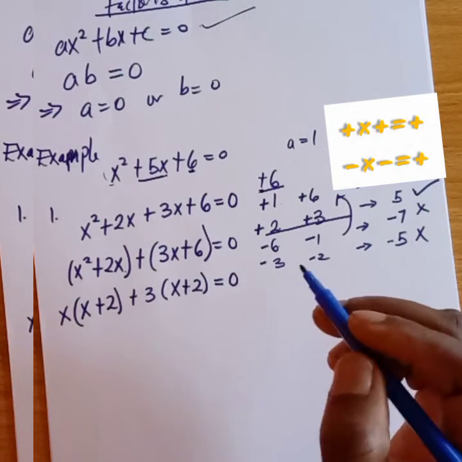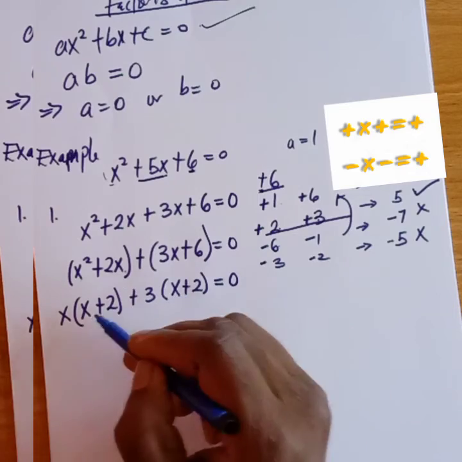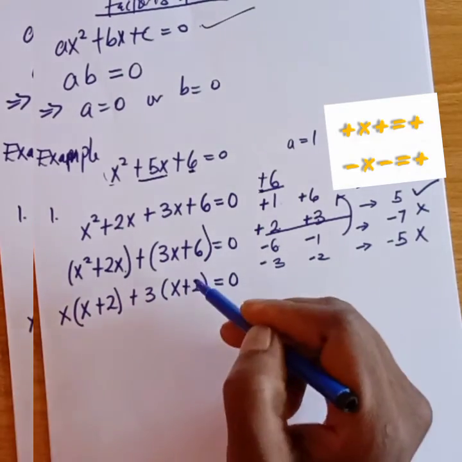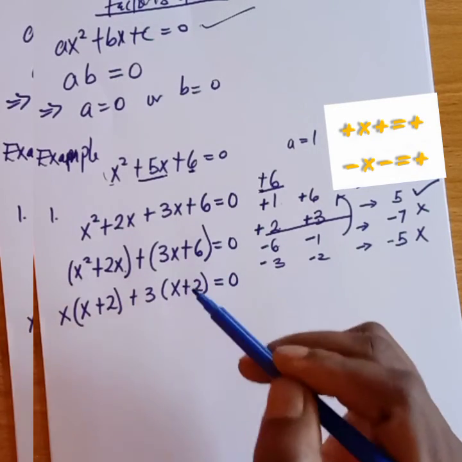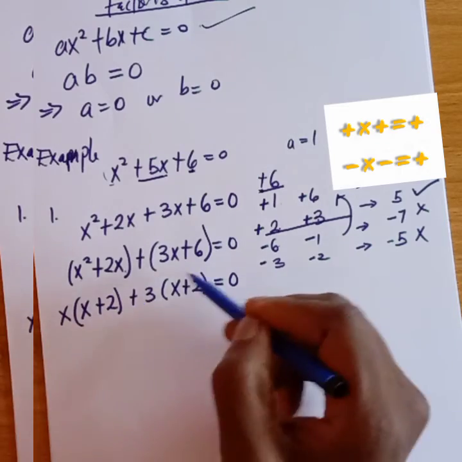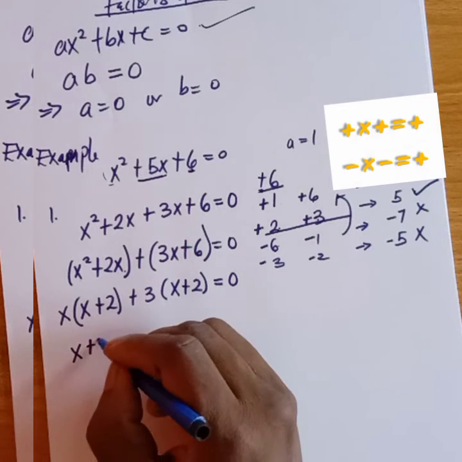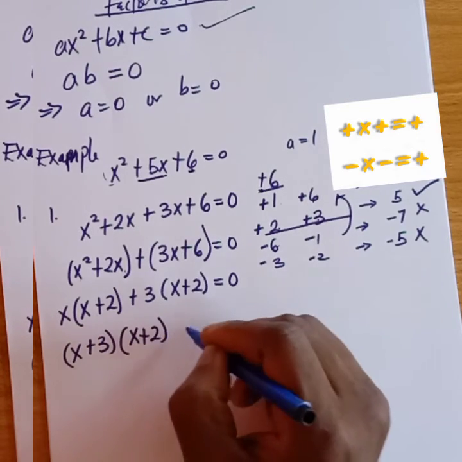Now, one thing you should note: when you factorize like this and the expressions in the brackets are not the same, it suggests that you are wrong, because what you have in the bracket must be the same for this to work. So you have x plus 3 into bracket x plus 2 equals 0.